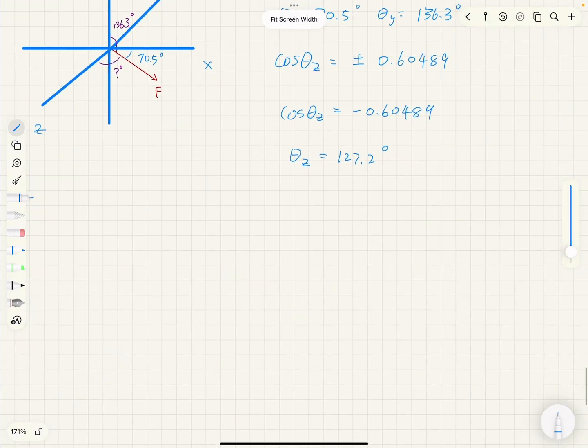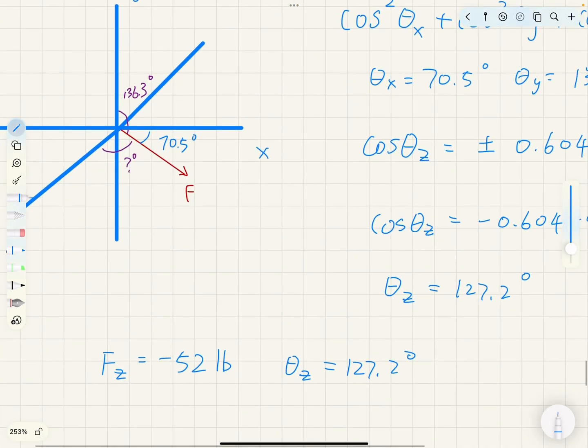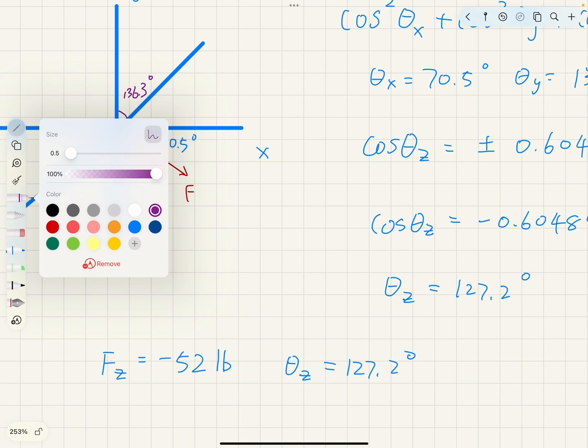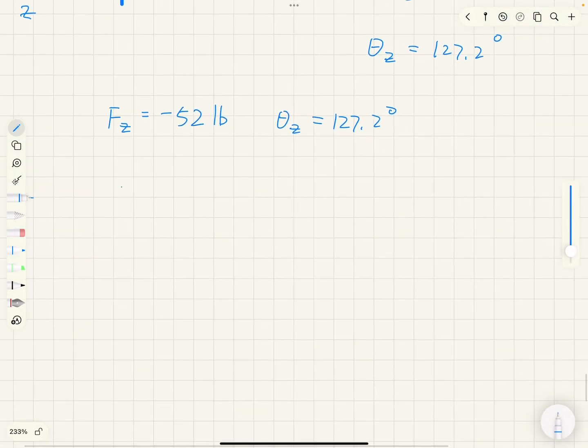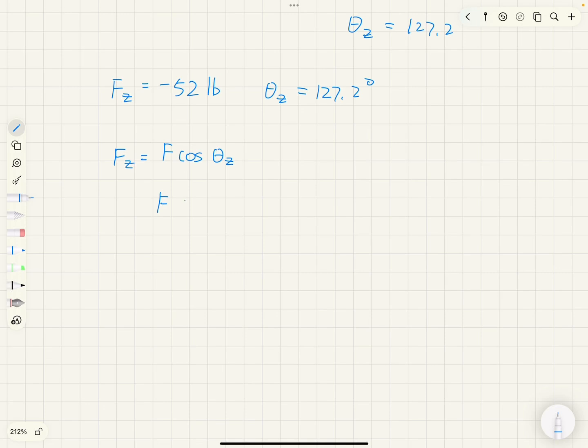Here, since we're given F of z, which is negative 52 pounds, and we also know delta z equals 127.2 degrees, we can use the formula Fz equals F cosine delta z. By just plugging these two numbers in, F would then be 86 pounds.